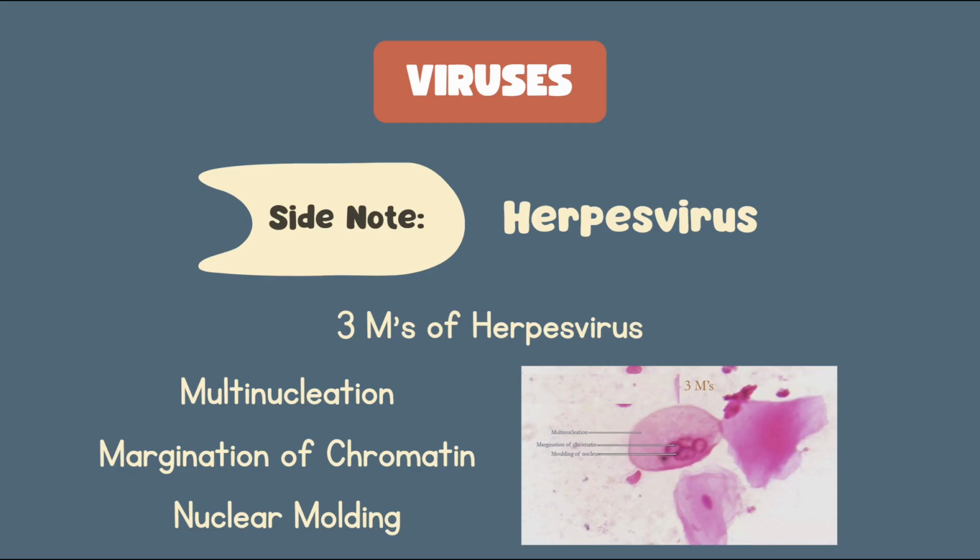And because of this pressure, the nuclei become distorted and take the shape of adjacent nuclei. We're going to revisit this again at the end of this video where we talk about the viral cytopathic changes that we can see, but I thought I would explain this in a little more detail so that it's easier to answer any questions about the herpes virus 3 M's.